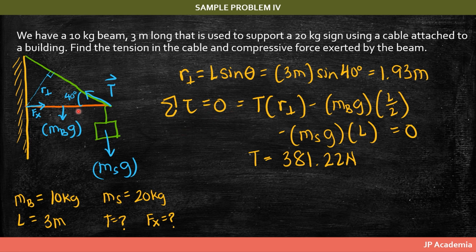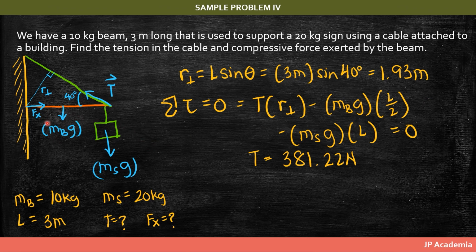So next, using the second equilibrium condition, the summation of the torques is equal to 0, and therefore we place our pivot in this point, and therefore we can first get the torque due to this tension T. So we have T, then we have this r perpendicular, which is just your L sine theta, or the lever arm, minus the weight due to this beam, which is located at the middle of the beam, which has a length of L, so that's L over 2. That is sine 90, of course, perpendicular with respect to our pivot point.